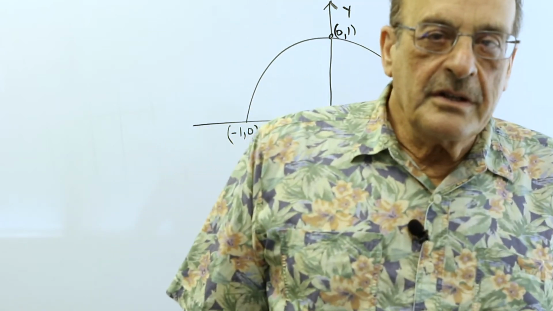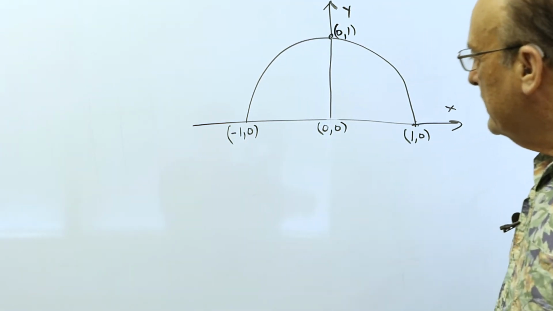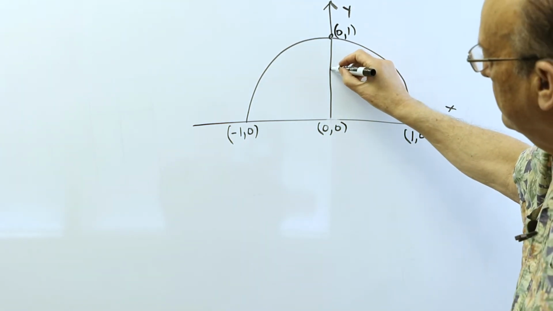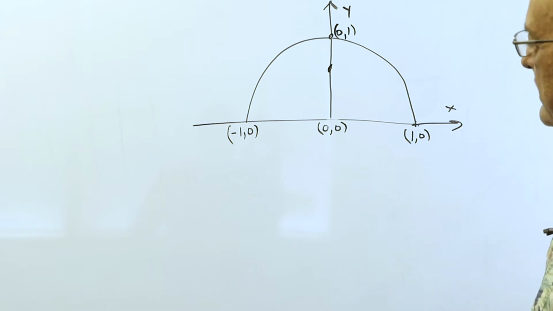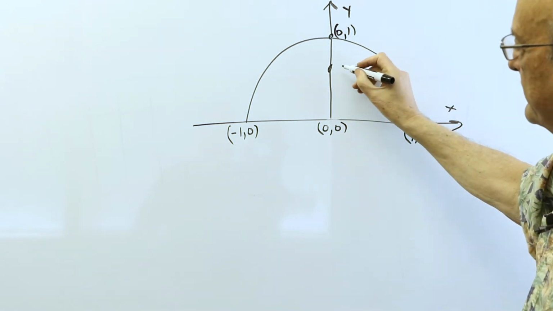So we're going to use Pythagorean triangles now to learn some easy algebra. So if we pick a point, let's say this is 2/3 of the way up, this will be the point (0, 2/3).